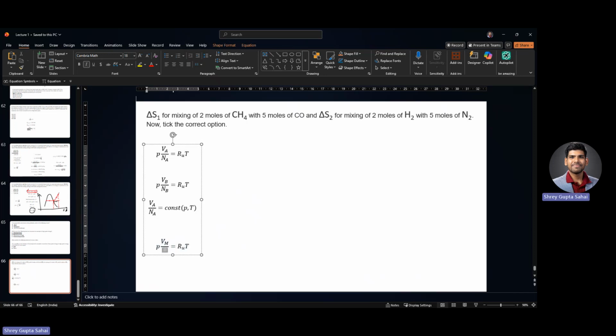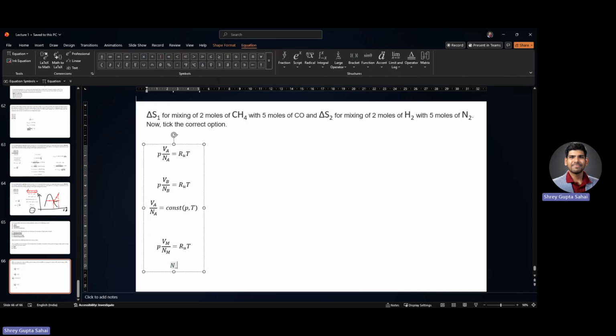It still remains an ideal gas, right? This is something empirical. Okay, note that this is an empirical thing. One more thing that I know is that Nm by conservation of mass will be Na plus Nb. Now, what does this imply?